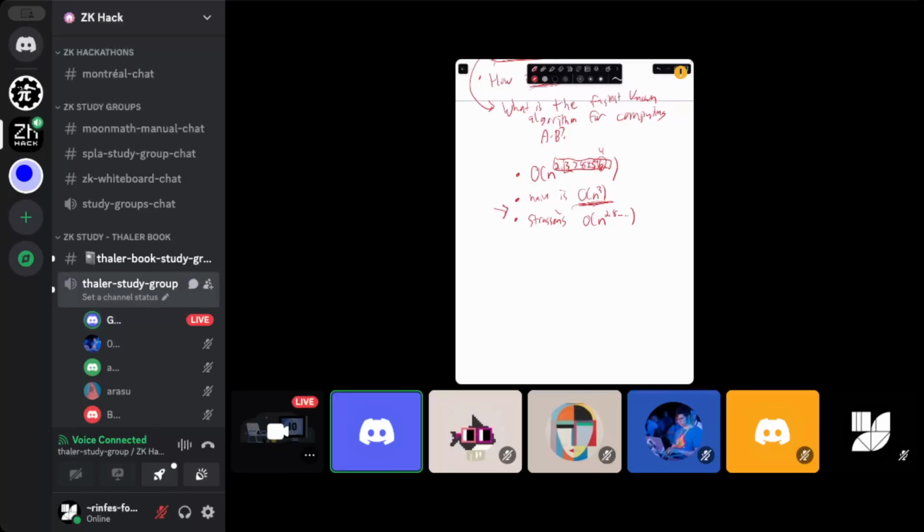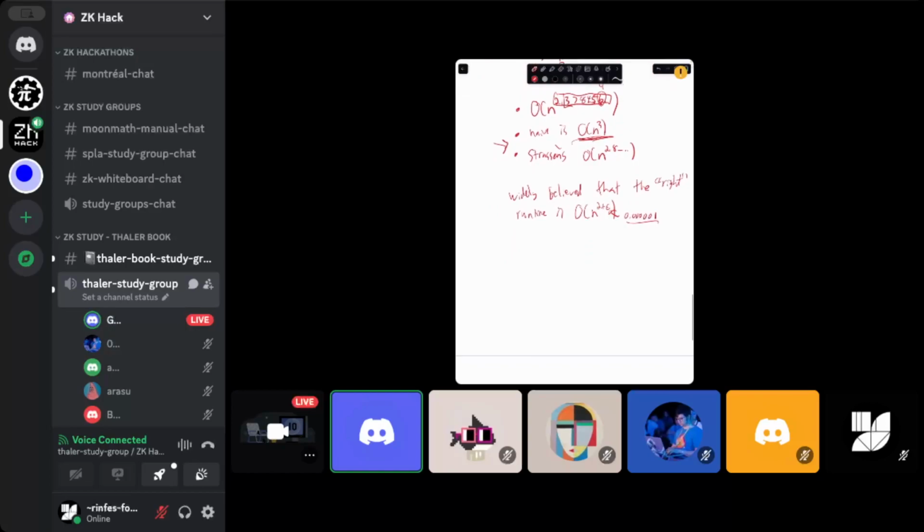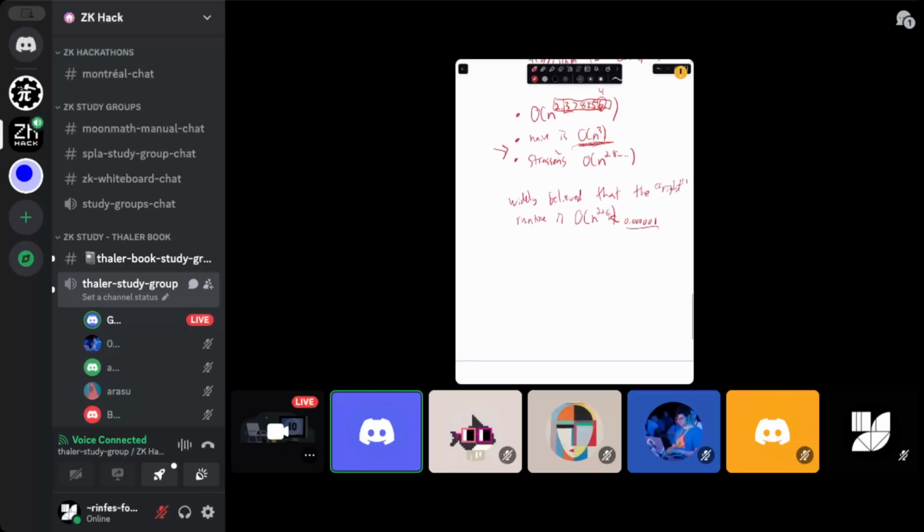And anyway, to cut to the chase, it's widely believed that the right runtime is n to the 2 plus epsilon, where you think of epsilon as some very, very small constant. So it's widely believed you can get really close to n squared time, but not literally achieve n squared time.